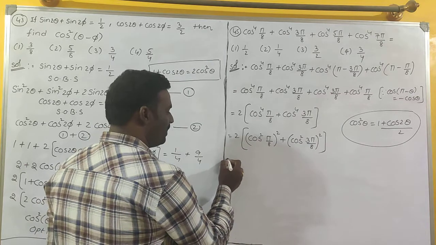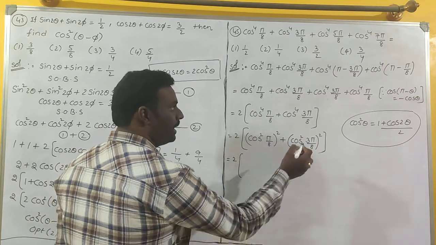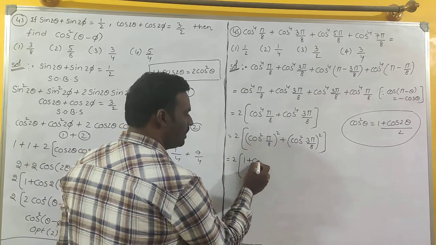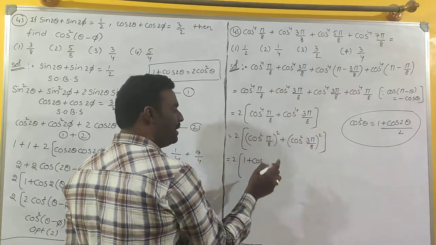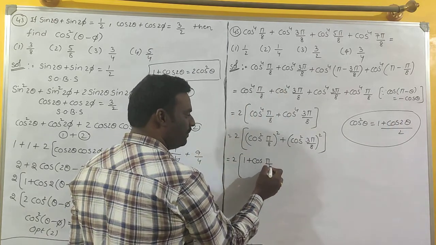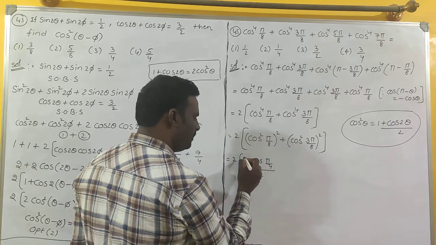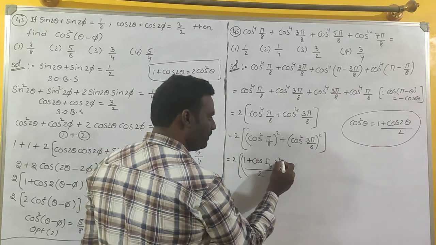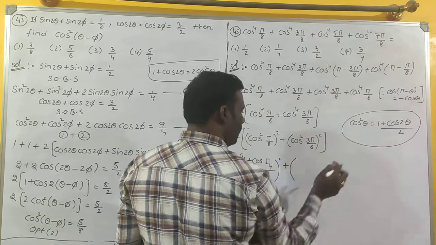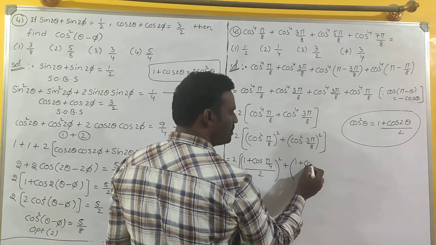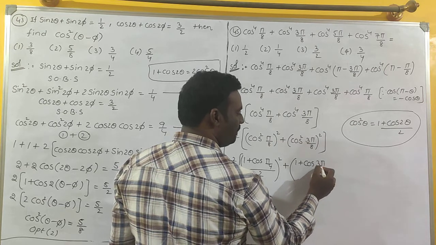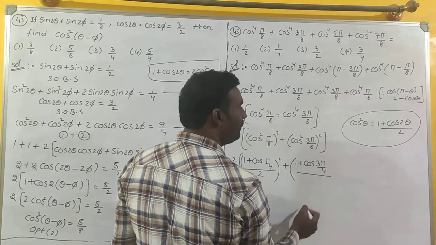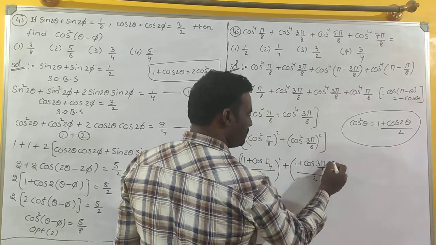If you apply that formula, what can I write? (1 plus cos 2 into pi by 8, that is pi by 4) by 2 whole square. Here (1 plus cos 2 into 3 pi by 8, that is 3 pi by 4) by 2 whole square.